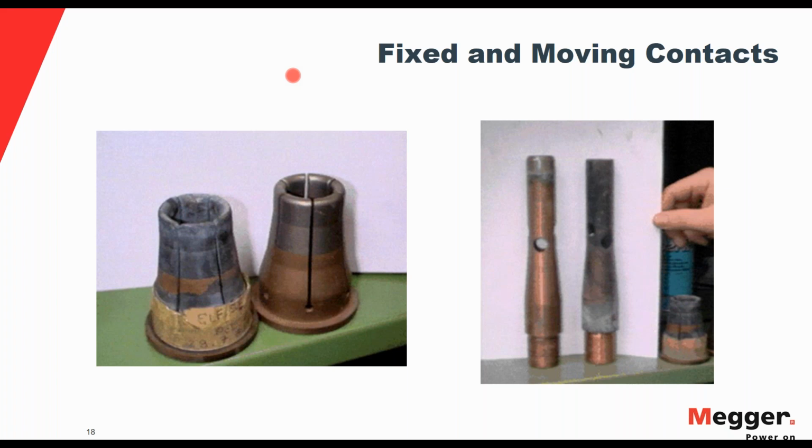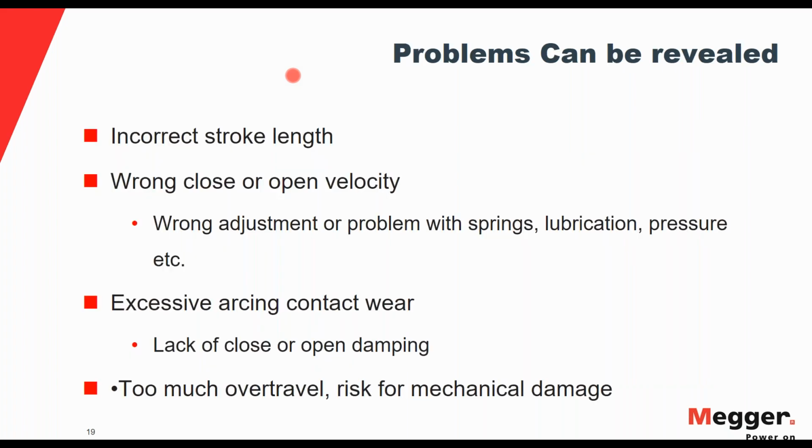So, many more examples and problems can really be revealed by a motion test. For example, you can find if you have incorrect stroke length, it is traveling more or less than it should be. If you have wrong open or close velocity, it's moving much faster or slower than what is defined.